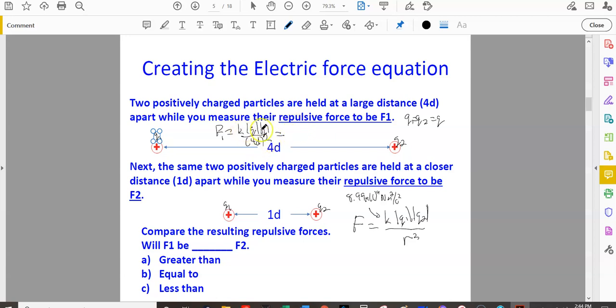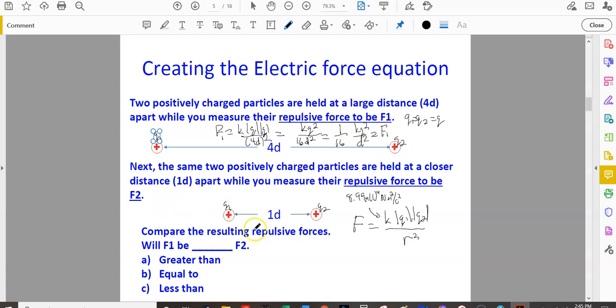I'm going to multiply the letters together, that'll be KQ squared, Q times Q is Q squared, over 16D squared, so I'm going to bring the numbers to the front. That's 1/16 of KQ squared over D squared, and that's equal to F1. So F1 is 1/16 of KQ squared over D squared.